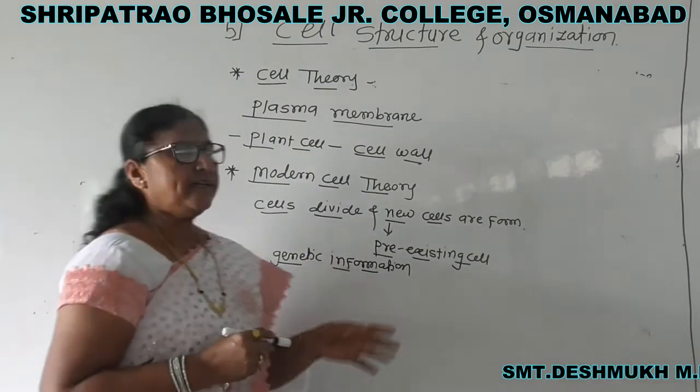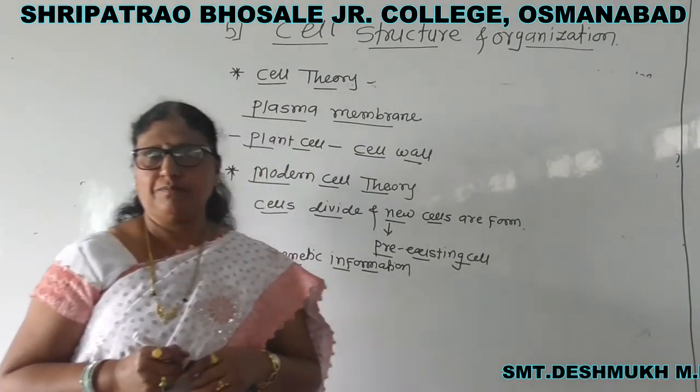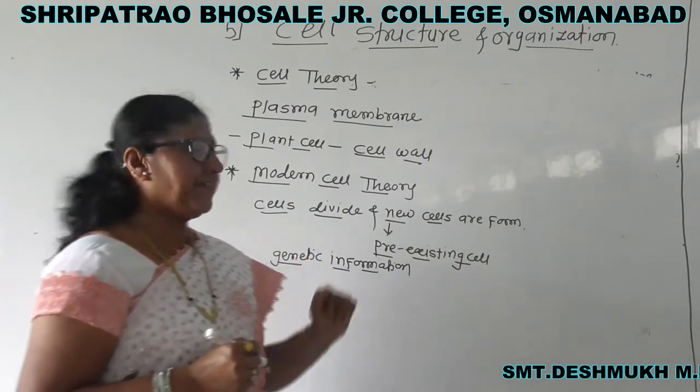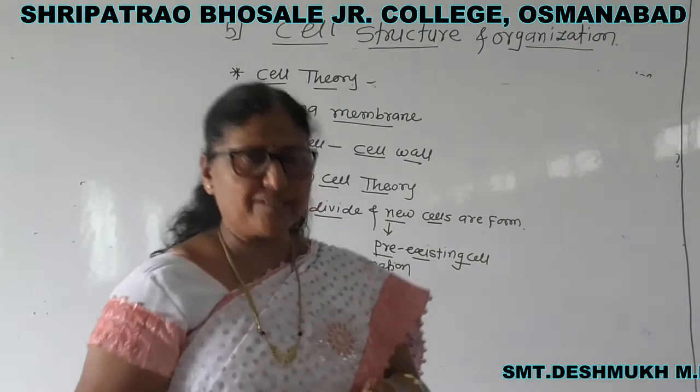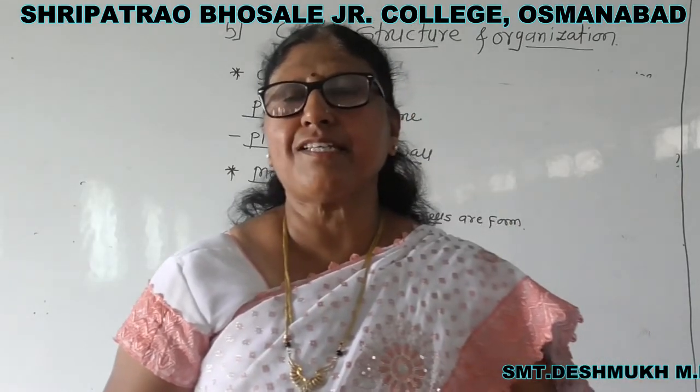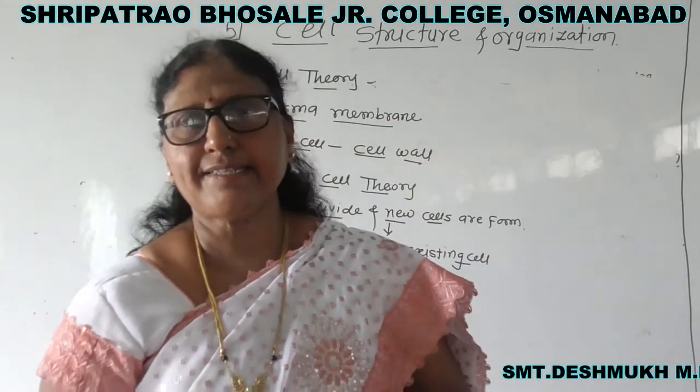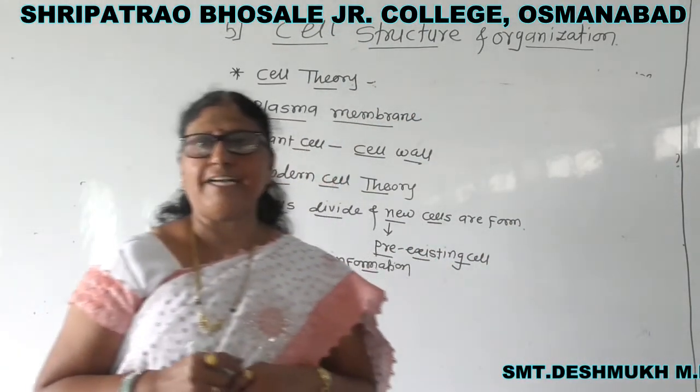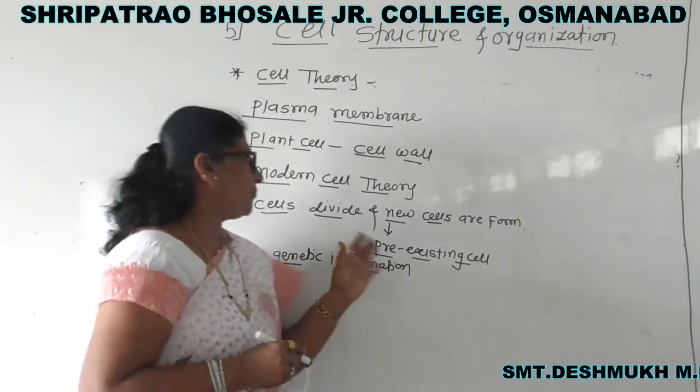So in cell division there are two stages: first is karyokinesis and second is cytokinesis.